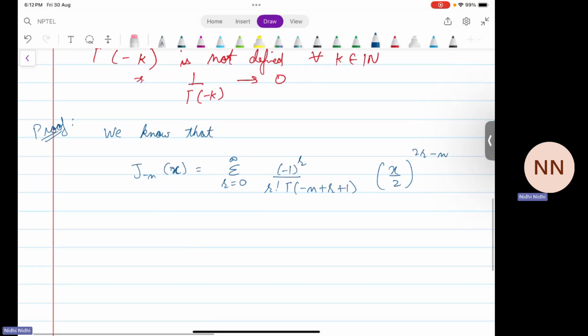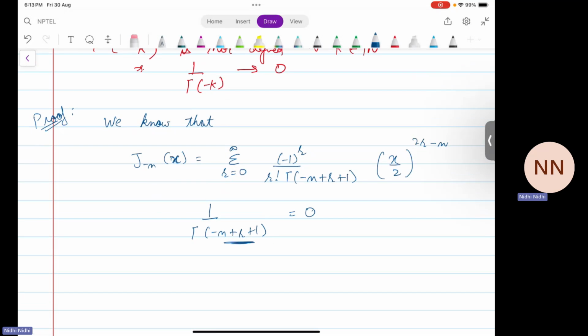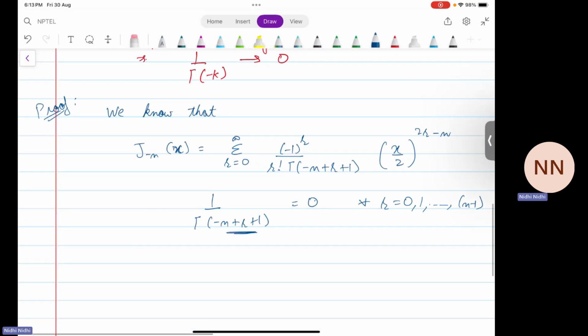Now, we know that 1 upon gamma of (minus n plus r plus 1) would be 0 whenever this argument is negative. This is negative for every r equals 0, 1, 2 up to n minus 1. For r strictly less than n, that is r less than or equal to n minus 1, this is 0.